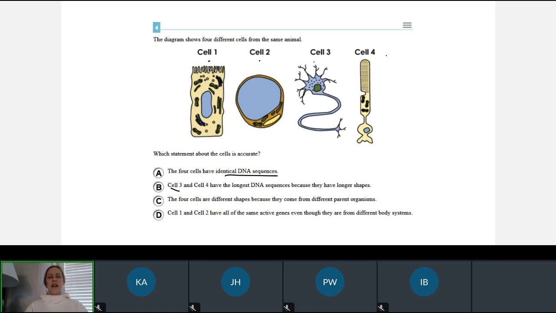Cell 3 and 4 have the longest DNA sequences because they have longer shapes. The 4 cells are different shapes because they come from different parent organisms. Cell 1 and cell 2 have the same active genes, even though they are from different body systems.